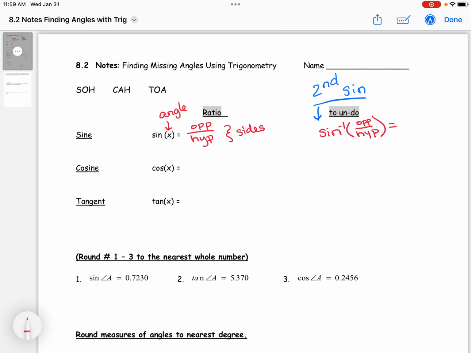What you get out is the angle in degrees. We're basically undoing, because we know two sides and want to know the angle.